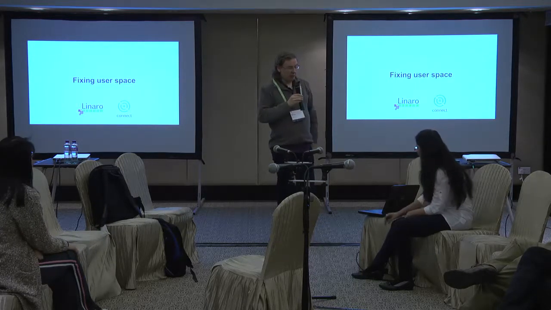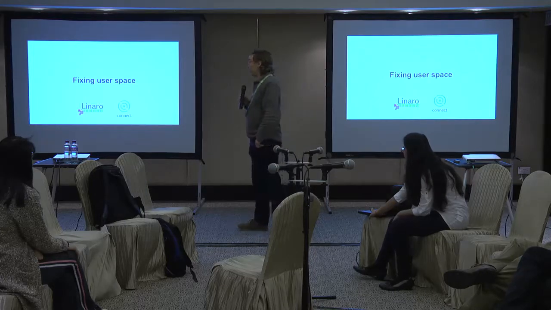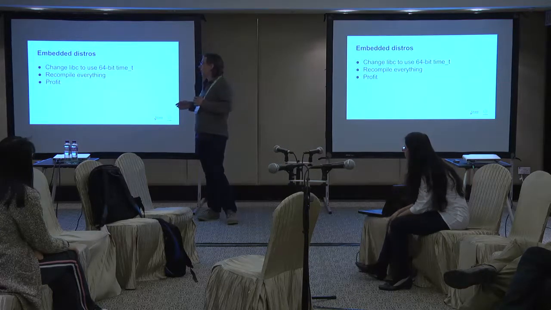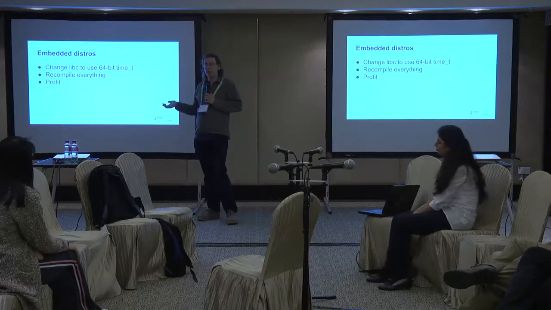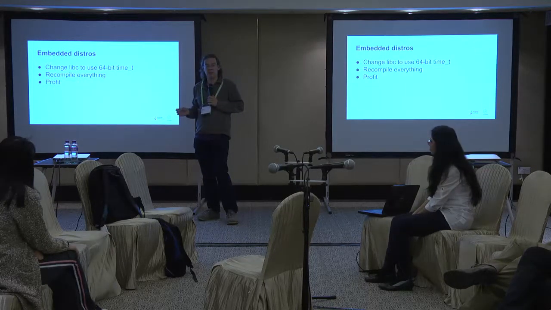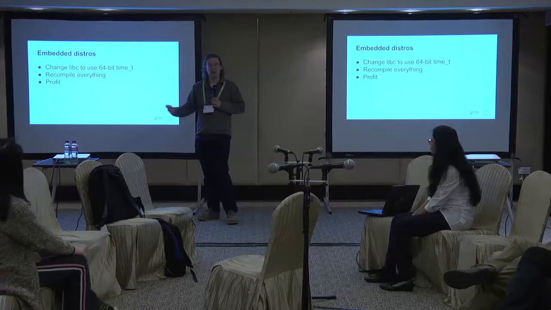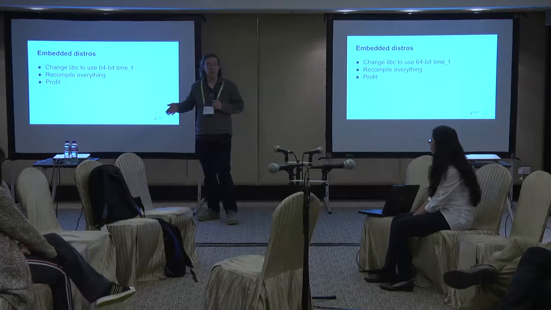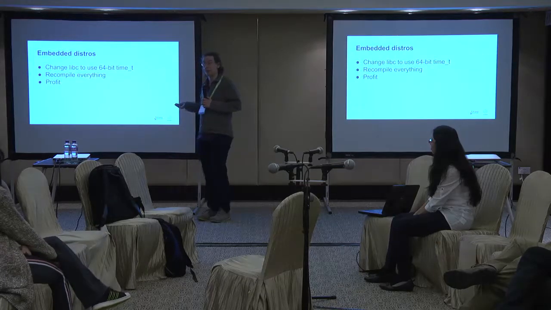So let's talk a bit about user space for a moment. This can be a lot easier. First of all, the most interesting aspect here are embedded distros, because those are the ones that are producing systems that will be deployed for the next 10 years and may have a lifetime of 15, 20 years after that, and will run into this problem.